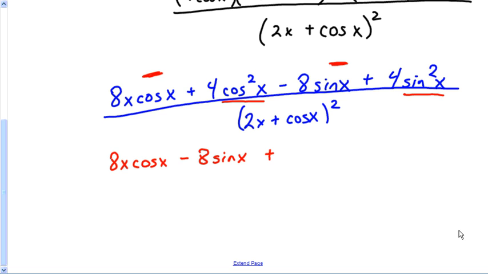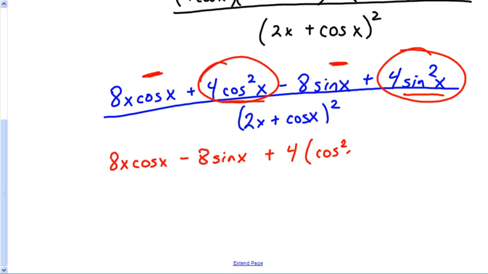Plus, I'm going to look at these two guys. I'm going to factor the 4 out and have 4 times cosine square plus sine square. Now that is neat, because if I do that, what happens? That means that all this becomes 1.